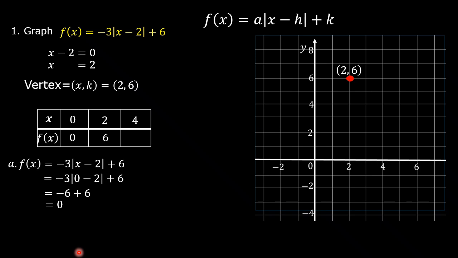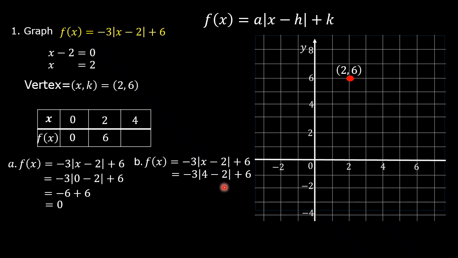Let's choose 4 for x. This is greater than 2. So f of x is equal to negative 3 times the absolute value of x minus 2 plus 6. We substitute 4 for x, so this is now equal to negative 3 times the absolute value of 4 minus 2 plus 6. 4 minus 2 is 2.